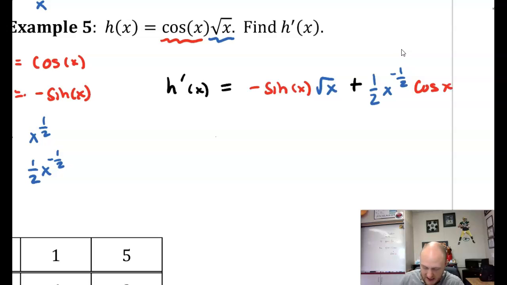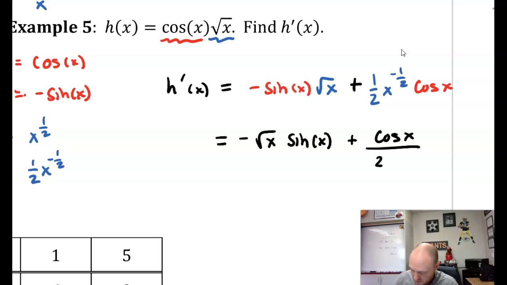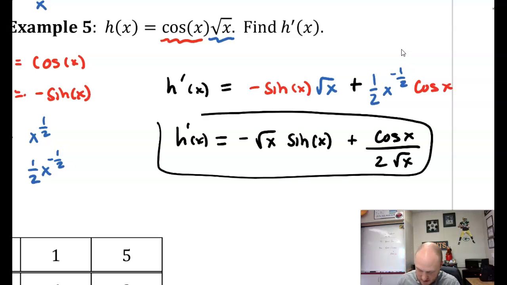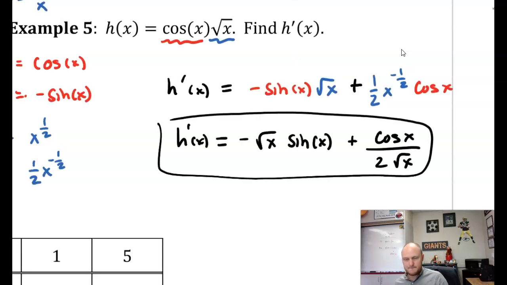Okay, and here I'm just going to clean some stuff up. So negative square root of x sine of x looks like plus cosine of x over 2 square root of x. And I believe that is correct. Yep. So I got my notes. So there you go.